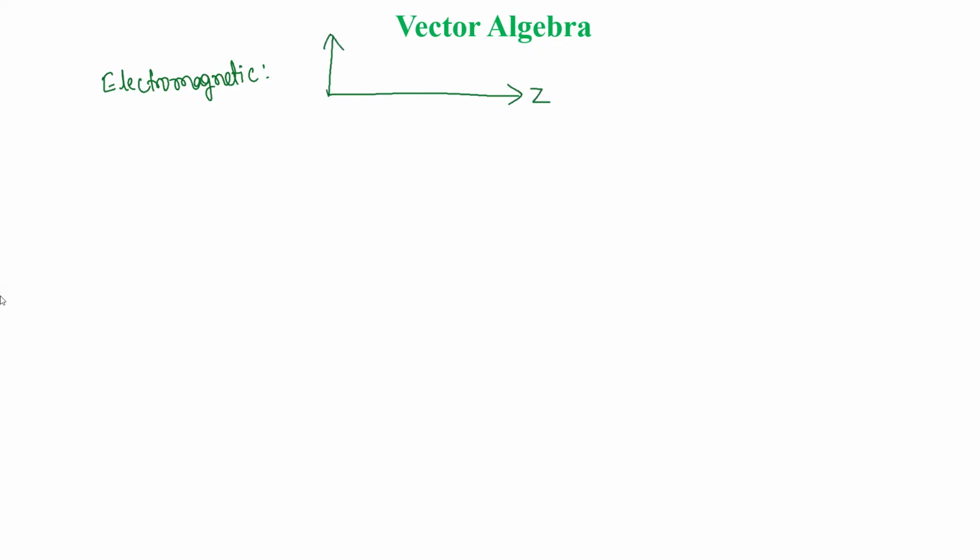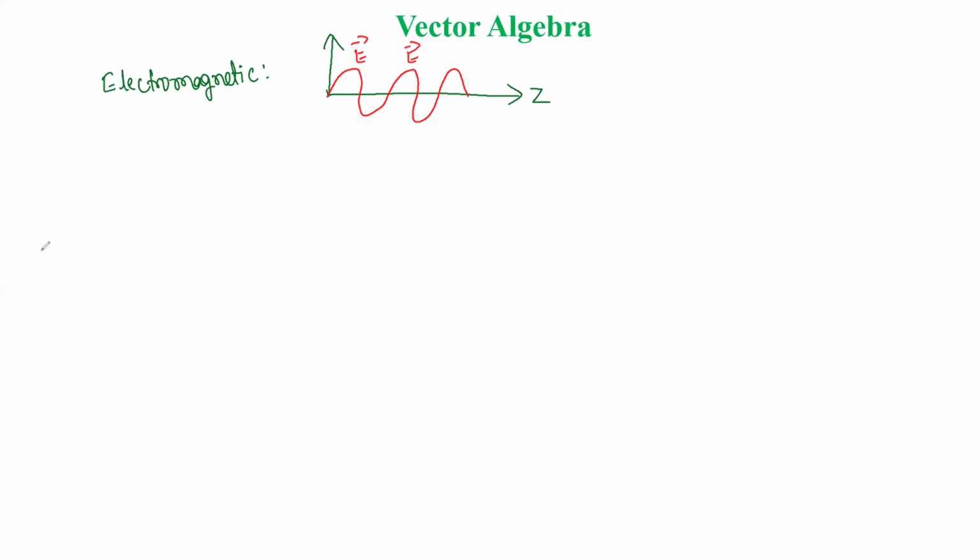So in that situation, what is the direction of propagation of the electric field and of the magnetic field? Suppose this represents the electric field components. So this is our electric field.